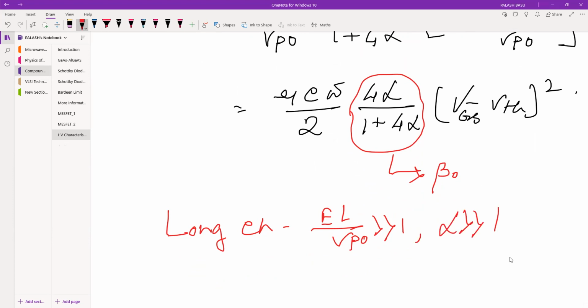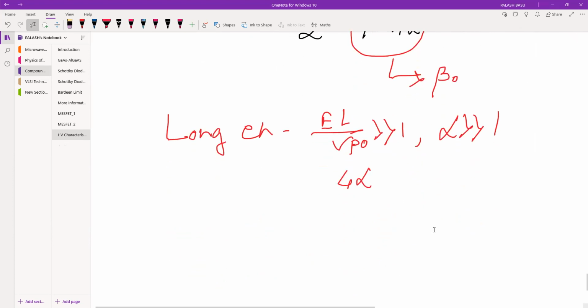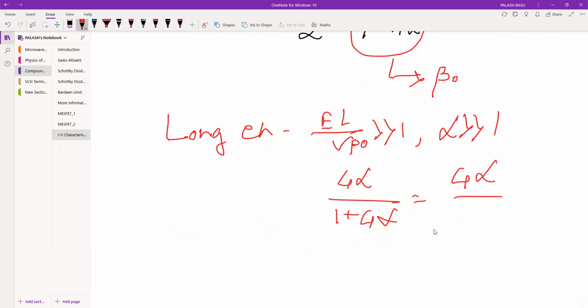If alpha is greater than 1, 4 alpha by 1 plus 4 alpha, you can write 4 alpha into 4 alpha equal to 1. Right? Because alpha is very, very high, 1 plus 4 alpha is equal to 4 alpha only, and that is 1.